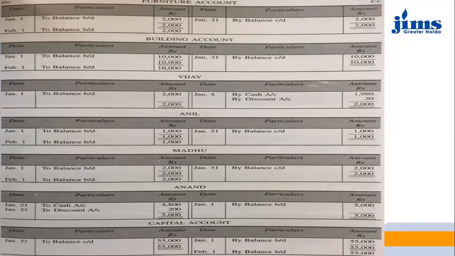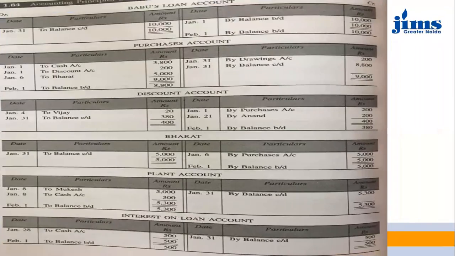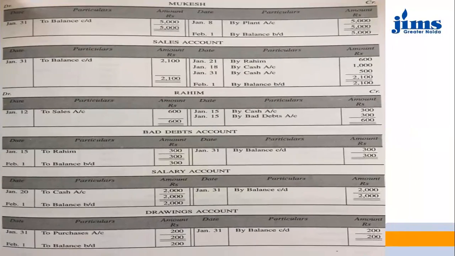Now we'll go to the Rahim account. Rahim account is getting credited, so credited with 600 rupees in the journal entry. As we have done in the previous entries also, the amount with which that particular account is getting debited or credited has to appear in the same way in the ledger account also.